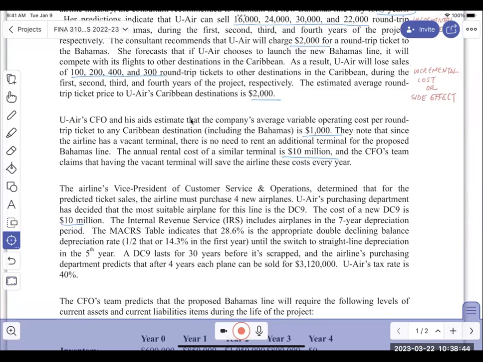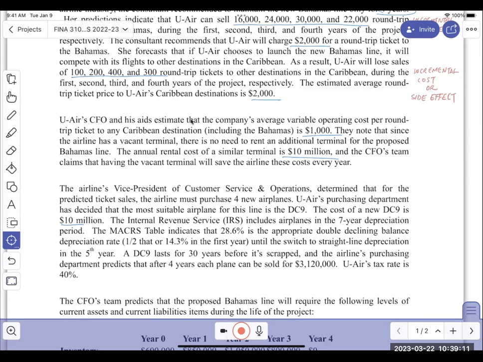Well, the $10 million is not spent. Basically, we'd have to buy a terminal to house the planes. If this was our company, we'd have to have a home base for the planes.